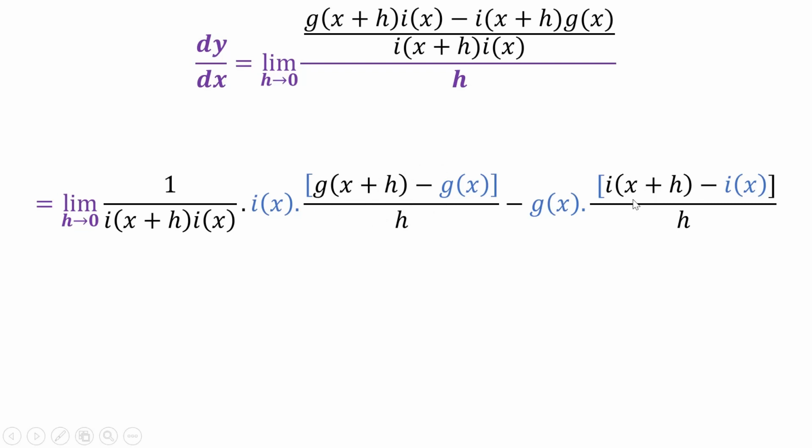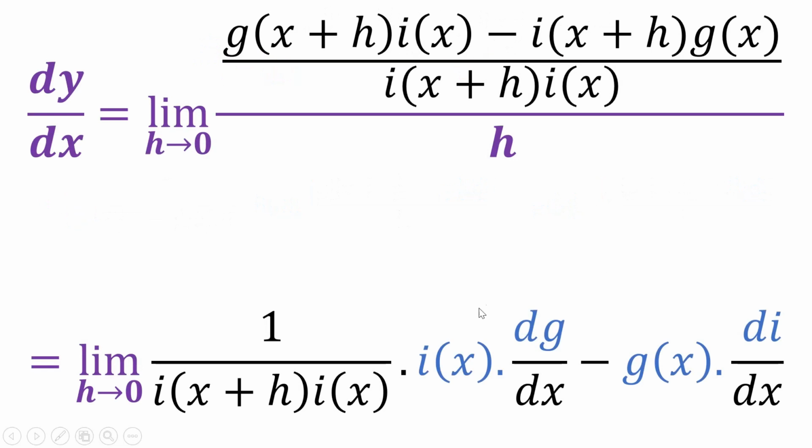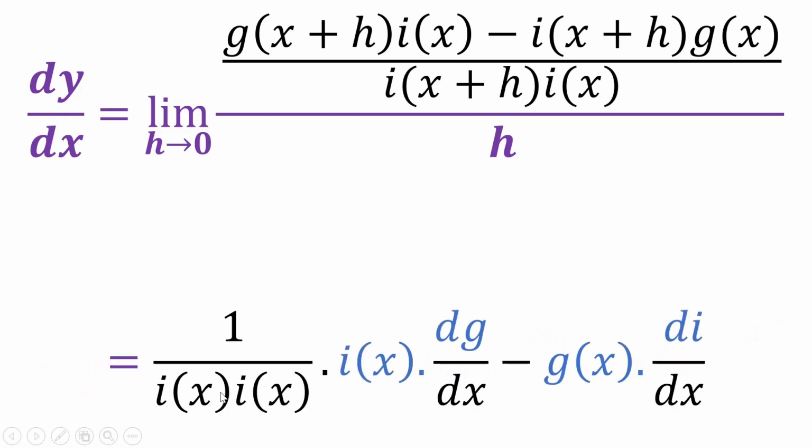Also, the term here is the derivative of I with respect to x. So we can proceed. At this point, what I need to do is that I have to apply the limit of h approaching 0. So wherever I see h, I put 0 there. And by doing that, I move to this point.